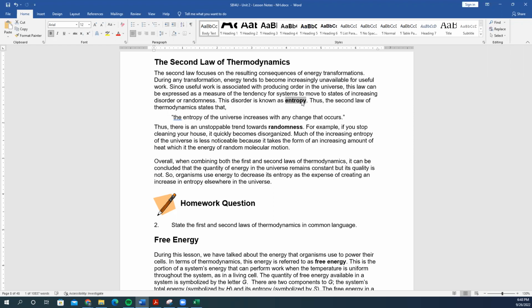So organisms use energy as a way of decreasing their own entropy, for putting things in order within their cells, putting it into chemical energy and storage molecules and creating ordered structures. But this takes place at the expense of creating an increasingly chaotic and random universe by increasing entropy in the universe elsewhere.